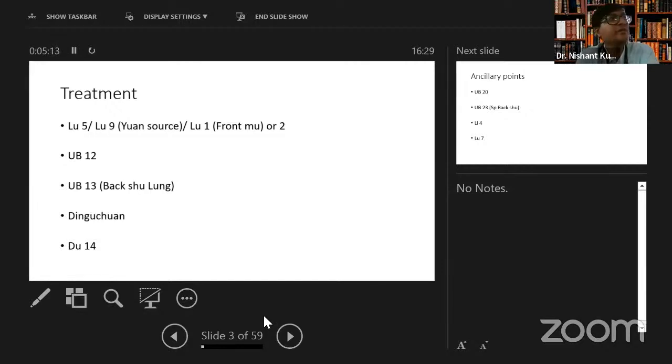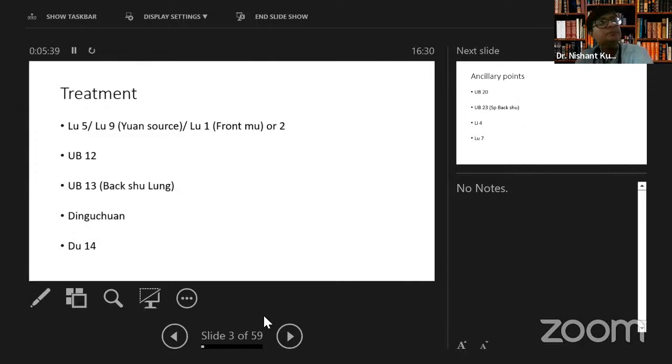the important points are lung 5. Where is lung 5? Elbow, just lateral to the tendon of the biceps brachii, sorry, not biceps femoris, biceps brachii. Then lung 9, which is the Yuan source point for lung channel. It can be used if lung 5 is inaccessible.